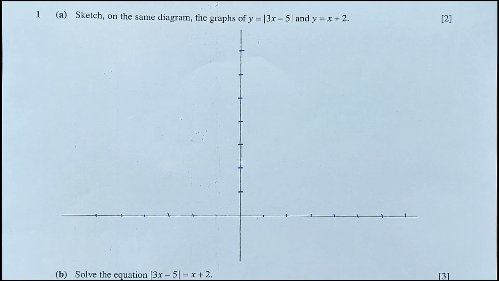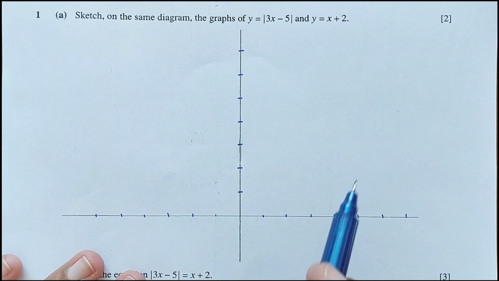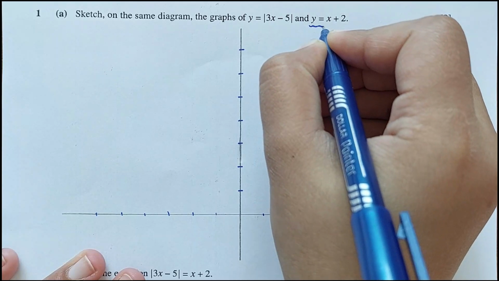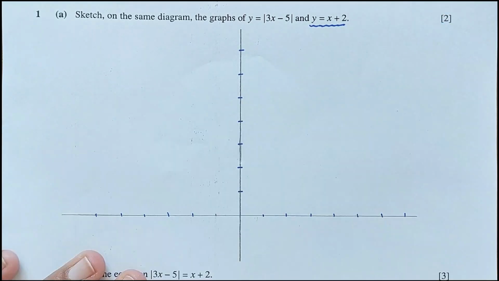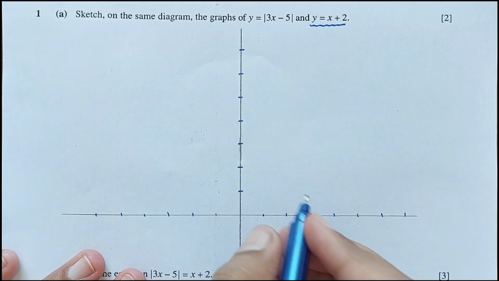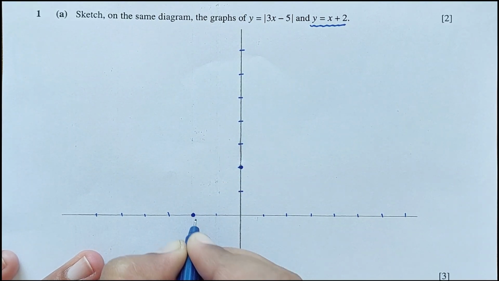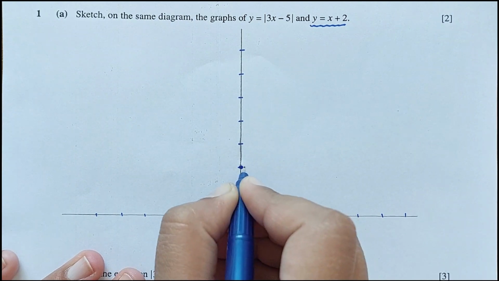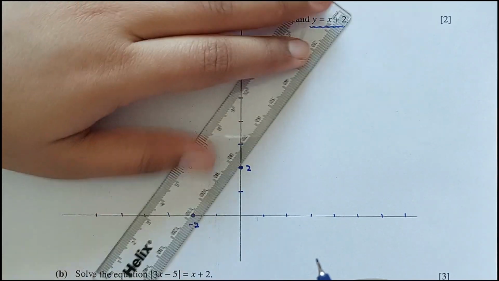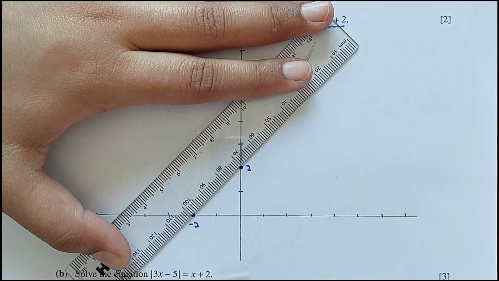Okay, so let me draw the sketch of the function y equals x plus 2. The y-intercept is 2 and the x-intercept is negative 2. Now let me connect them with a straight line.